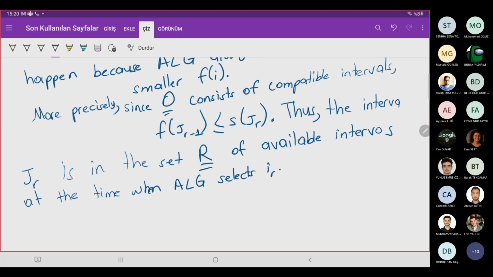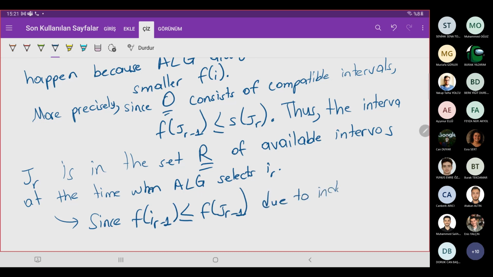Okay. This is since f i r minus 1 is less than or equal to f j r minus 1 due to induction hypothesis.